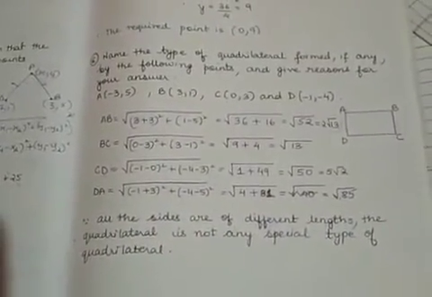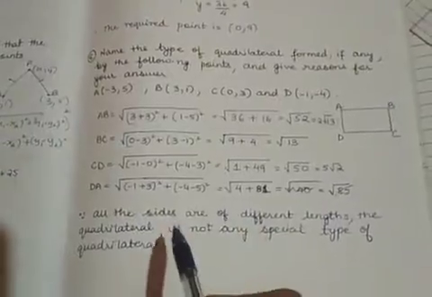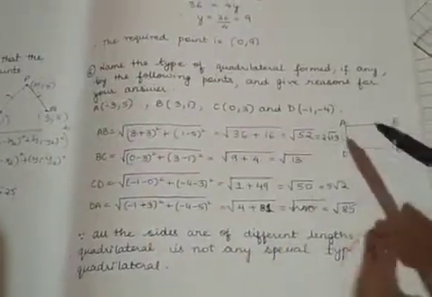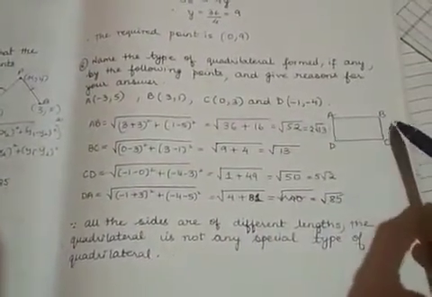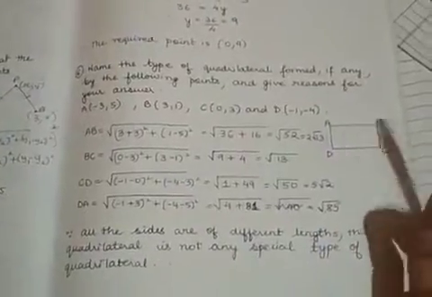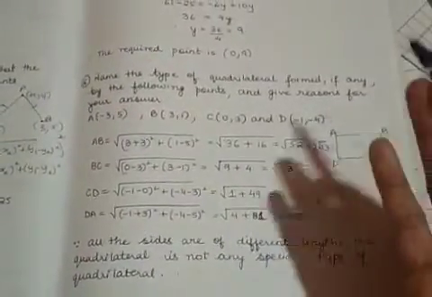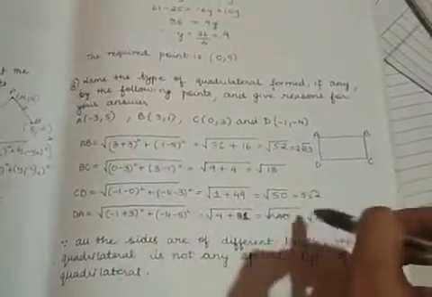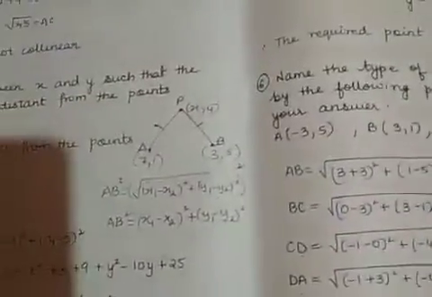So if you had, suppose, opposite sides equal, then it would be a rectangle, or you can decide based on the length of the sides. So these are the different types of examples which come under the distance formula.